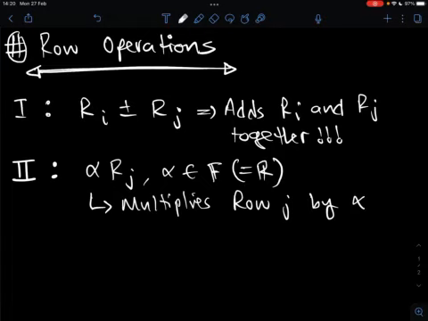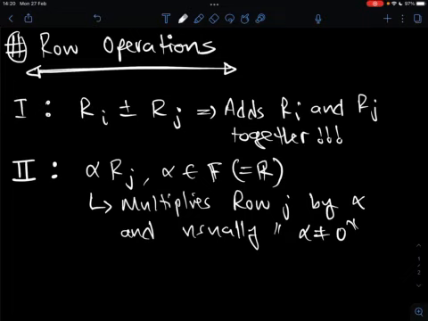And usually this alpha must not equal 0. You see that? So we have an operation on matrices which is called alpha Rj, which multiplies a particular row of a matrix using some number alpha which belongs to some field.